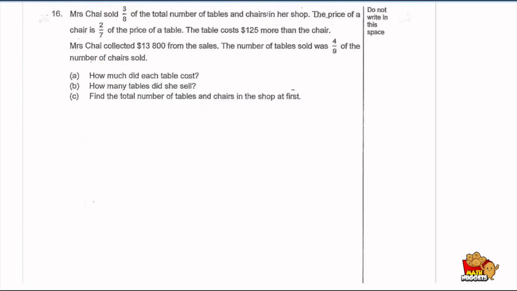So question 16, this is units times value, or you can look at it as sets. So plenty of information here. So this is what she sold, 3/8 of the tables and chairs in her shop. This fraction is for the price. The table costs 125 more than the chair. This is the total amount collected from all the sales.